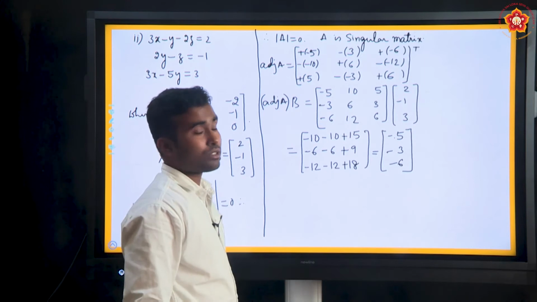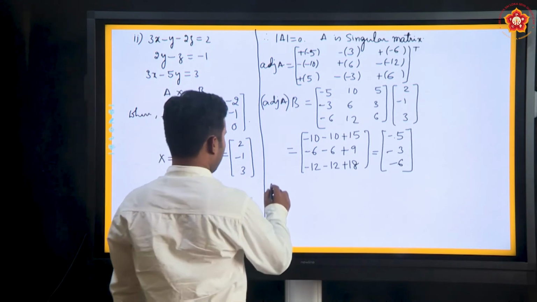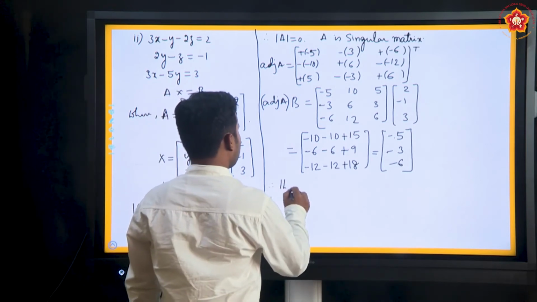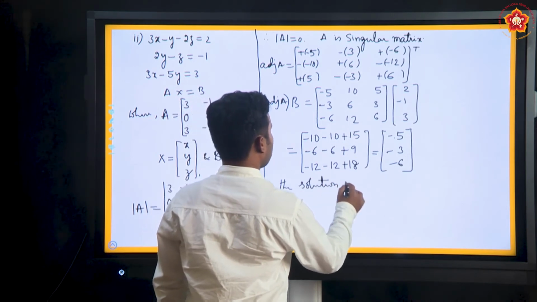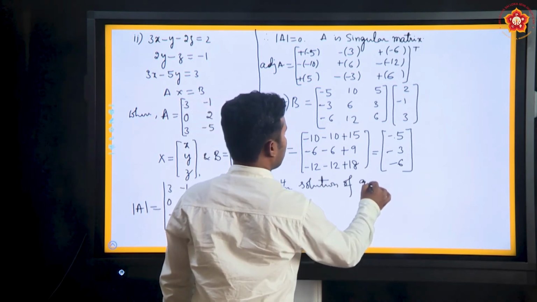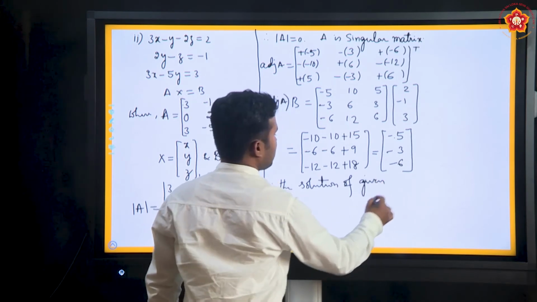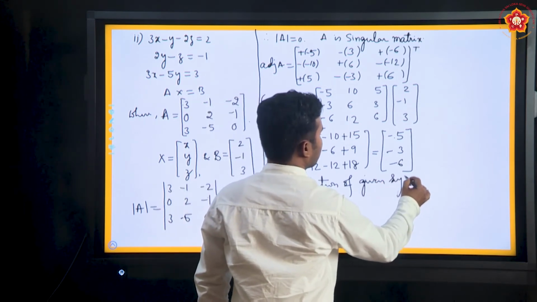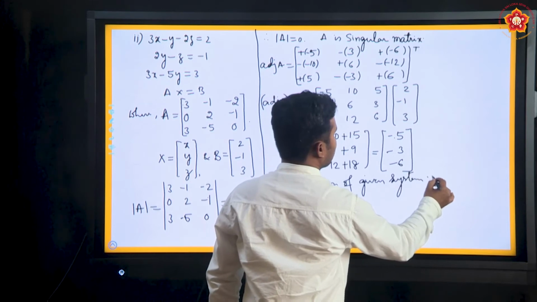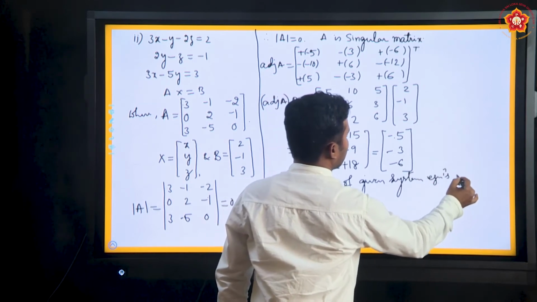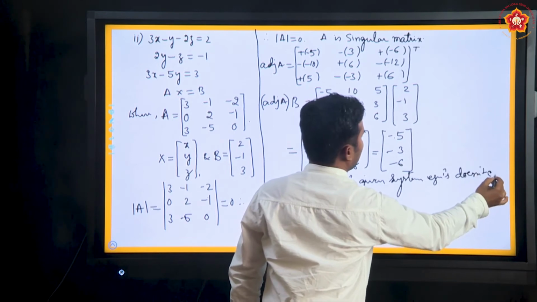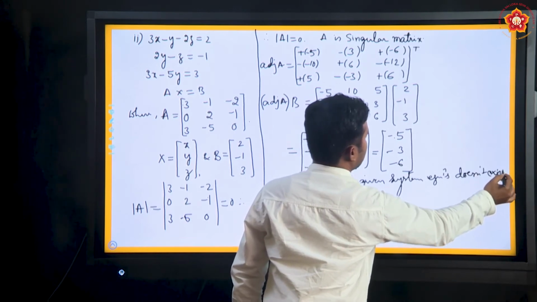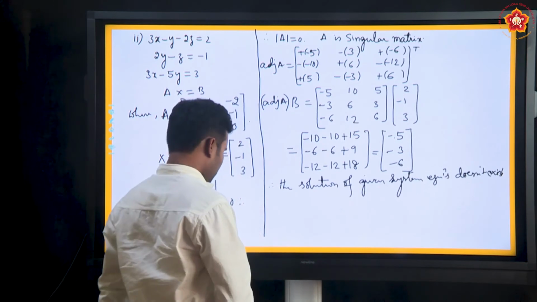Thus, what is the conclusion we can say from this is, therefore, the solution of given system of equation does not exist, or we can say the solution does not exist for the given system of equations.